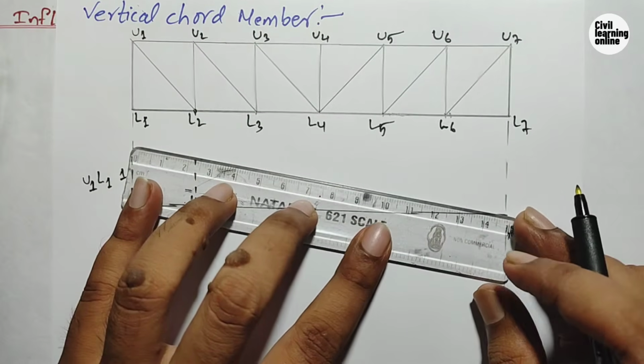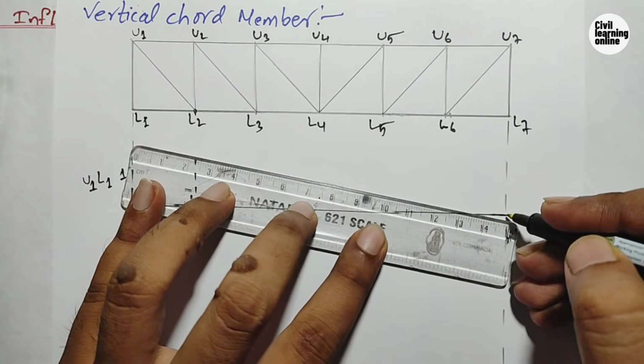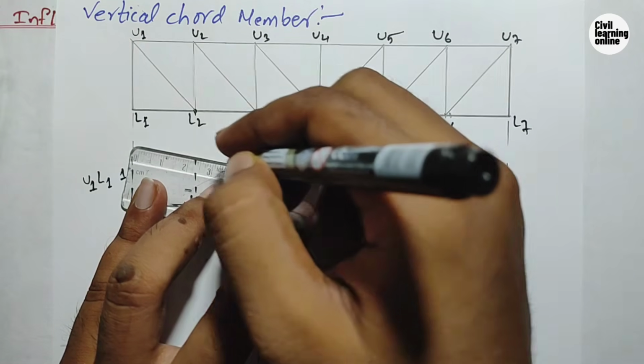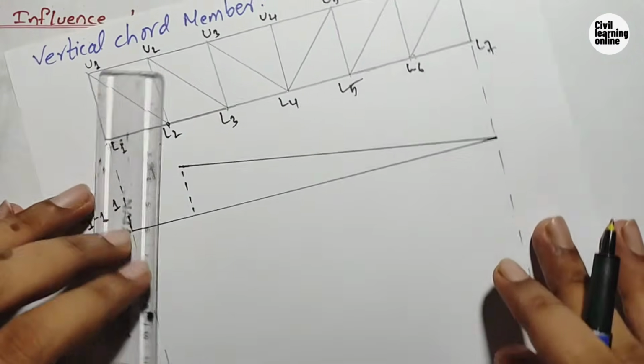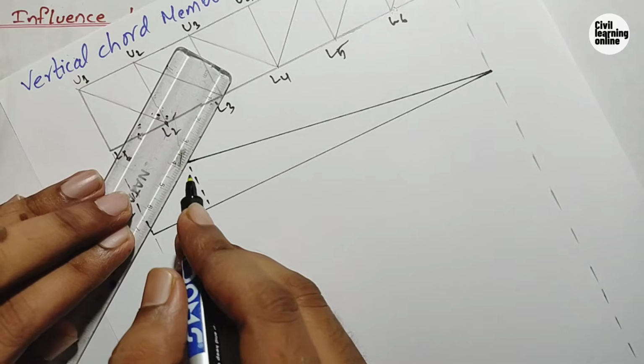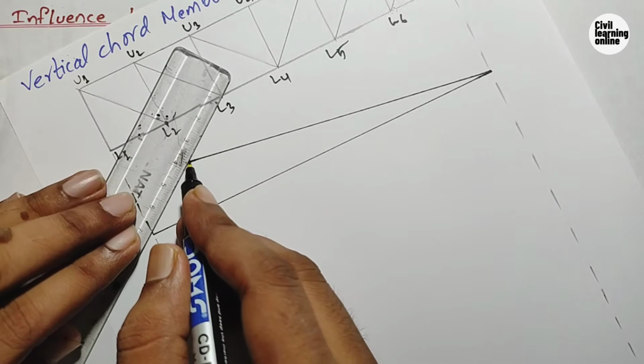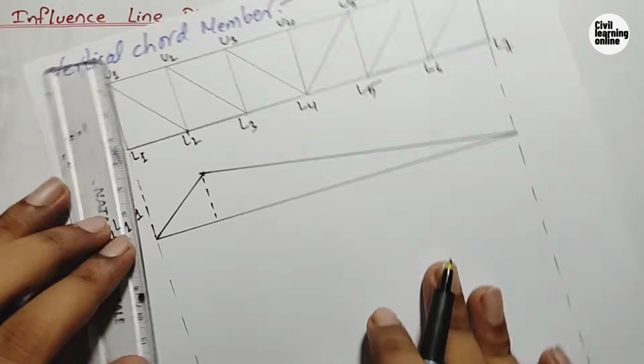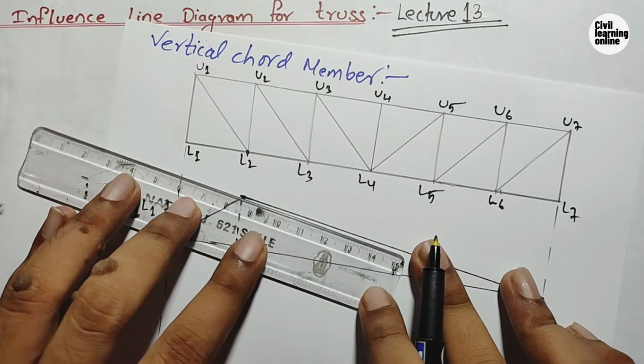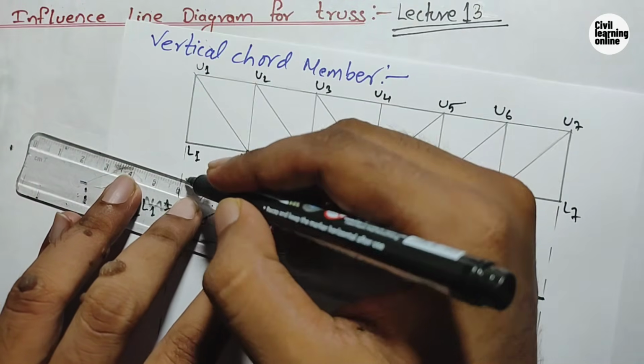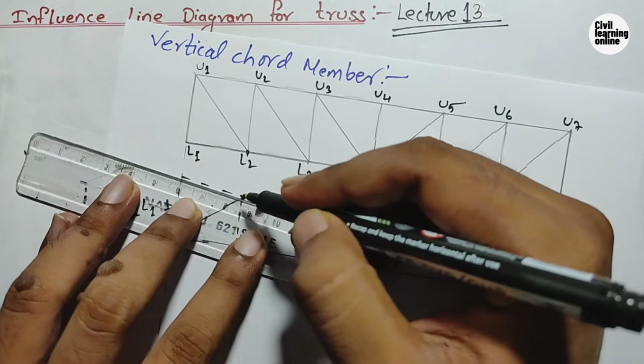Now join the line here up to here only, and it will be joined here like this, and here it will be dotted. Okay.